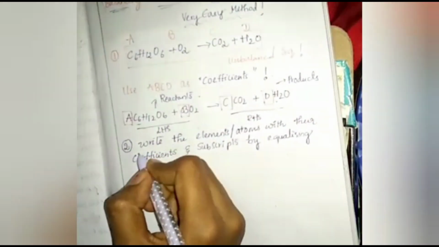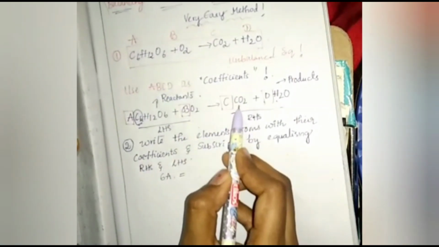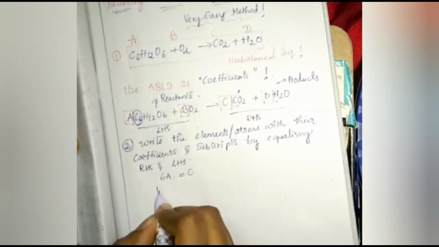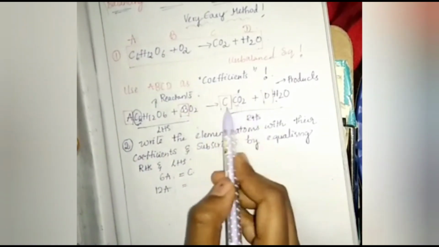Here we see that carbon atoms are 6 in number and their coefficient is A. So 6A equals C on the right side, where carbon is only 1 and the coefficient is C. So 6A equals C. Next, 12 hydrogens give 12A, and on the right side 2 hydrogens give 2D.